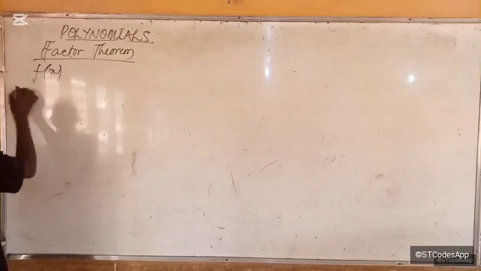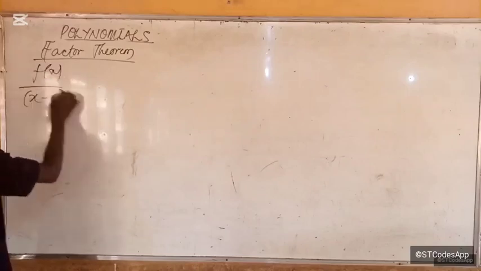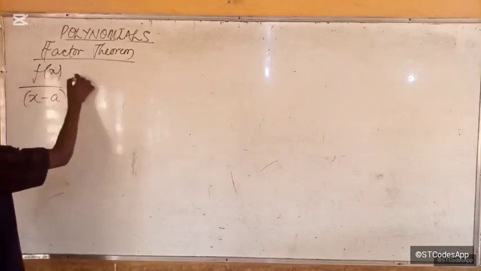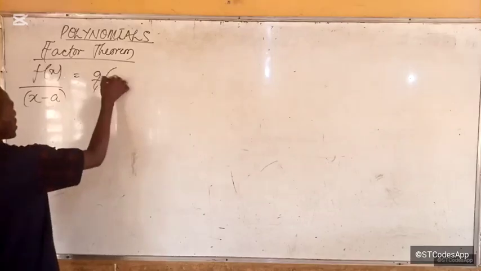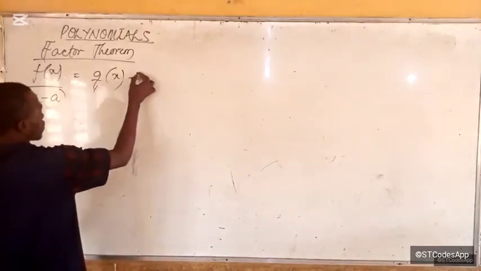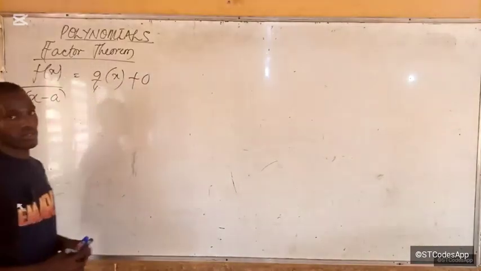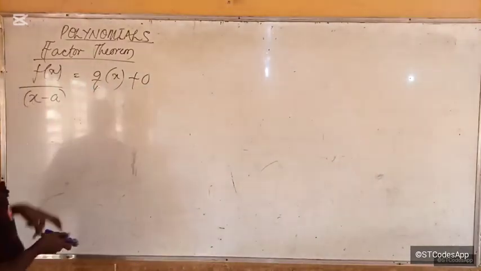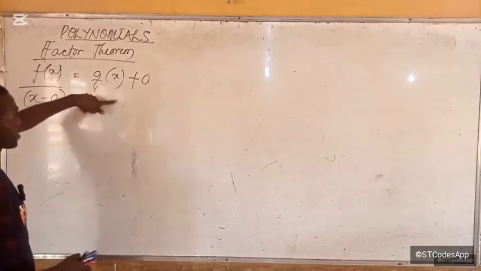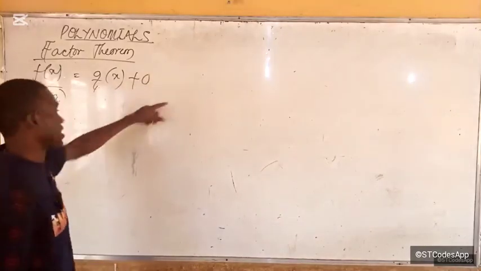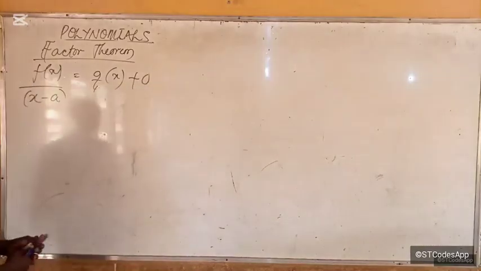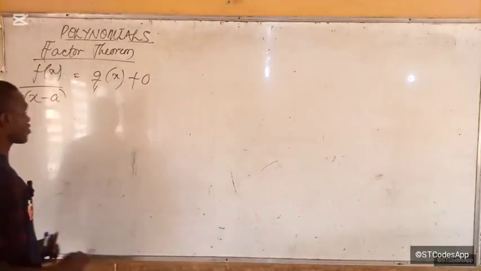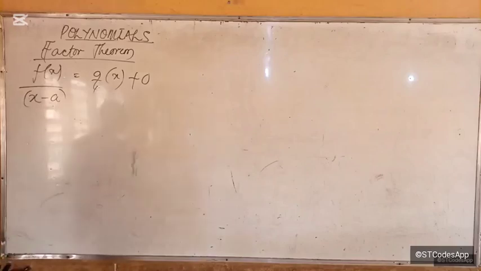So we say that the particular divisor x minus a is a factor of this if it divides this polynomial and produces another polynomial q of x plus 0 as the remainder. Do you understand? Remember that in the other case, we produce a particular polynomial q of x plus r as the remainder. All right. So here there will be no remainder, or 0 is the remainder. That's what the factor theorem says.